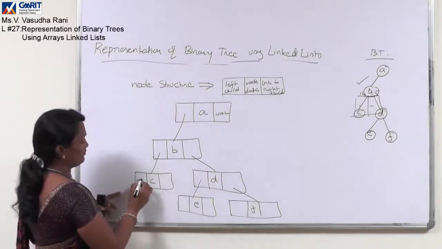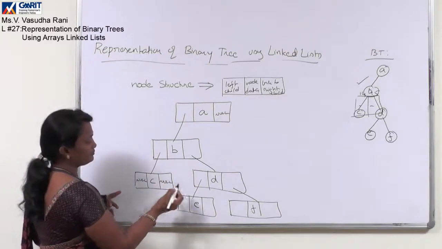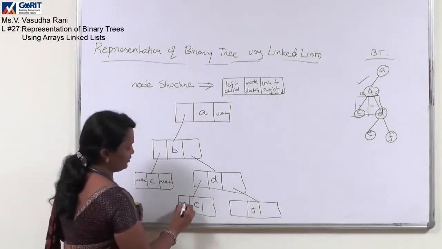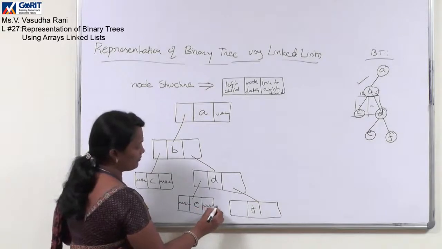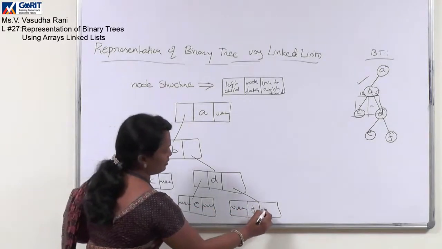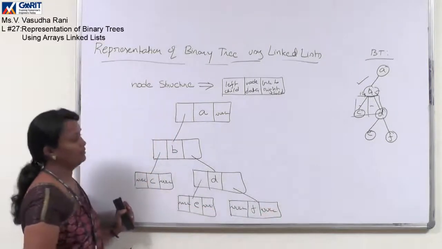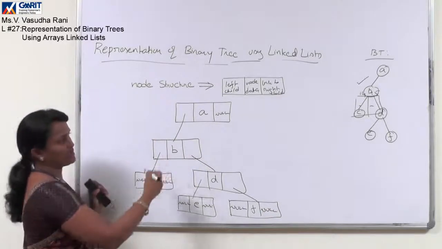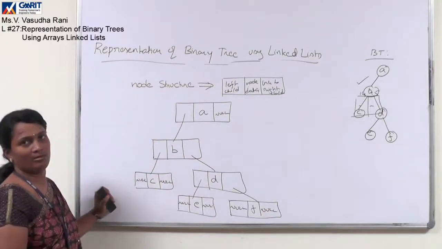So here it is a null pointer, this is again a null pointer, this is a null pointer, like this. So this is the linked list representation for the binary tree.